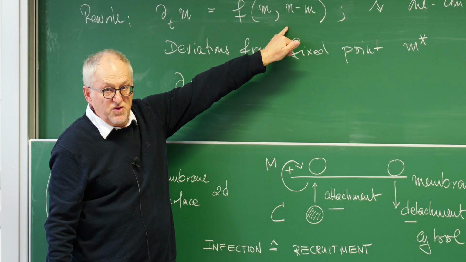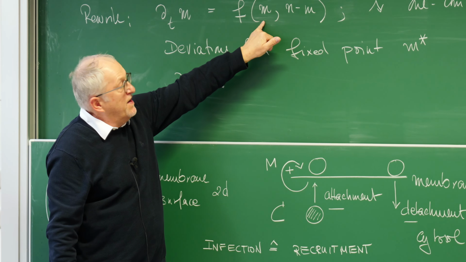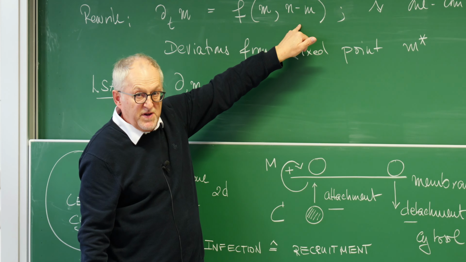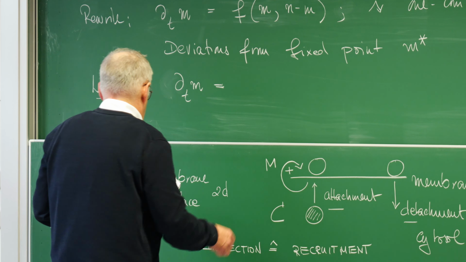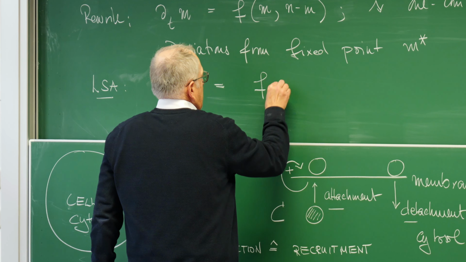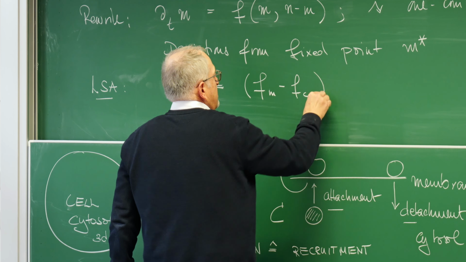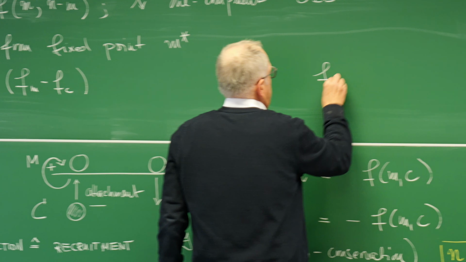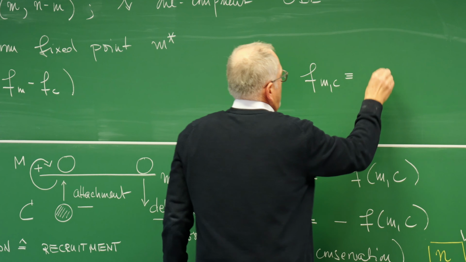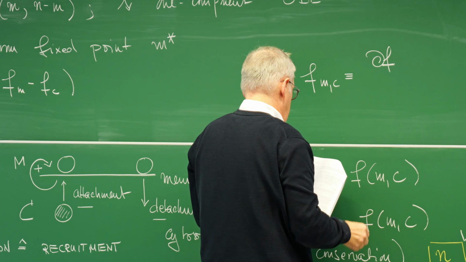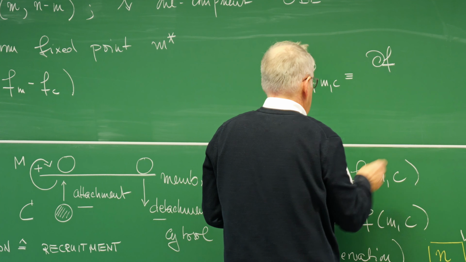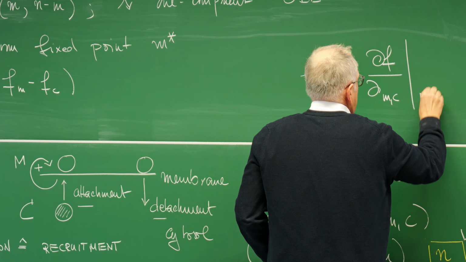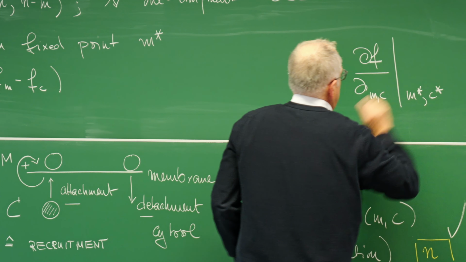Now, since this depends on two arguments in that function, as you Taylor expand, you have to take the partial derivative with respect to m, and then the partial derivative with respect to c. That means you get f_m minus f_c for the linear term, because there's a plus and here a minus. f_m and f_c are just shorthands for df with respect to dm or dc, evaluated at m star, c star.